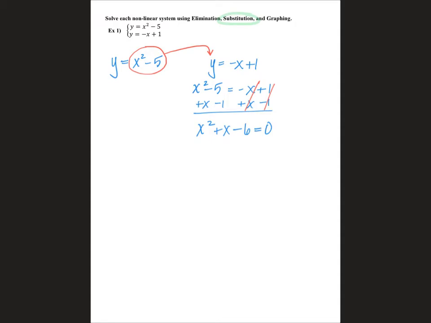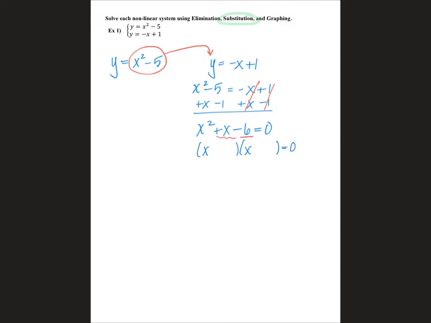Well, this is a quadratic equation, so we have two methods we can use. You can use factoring, you can use the quadratic formula, you could also complete the square, but I really like to factor, so I'm going to focus on that method. Let's see, now I have x and x. You're looking for two numbers that are going to multiply to negative 6 and add to a positive 1.